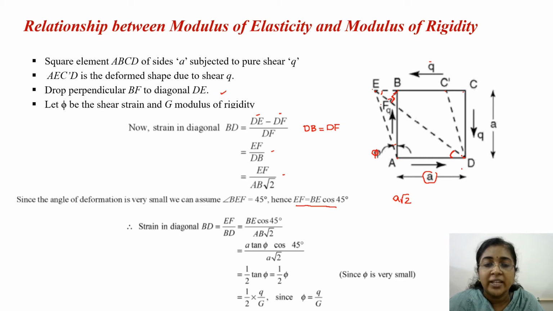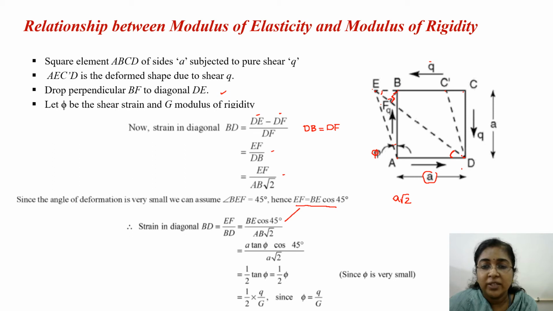Now strain in diagonal BD is given by EF divided by BD. Instead of EF, we can substitute it as BE cos 45 that we have obtained here. BE cos 45 divided by BD, that is equal to A root 2.